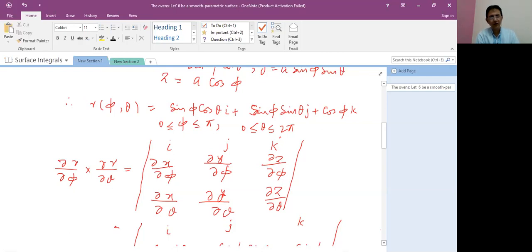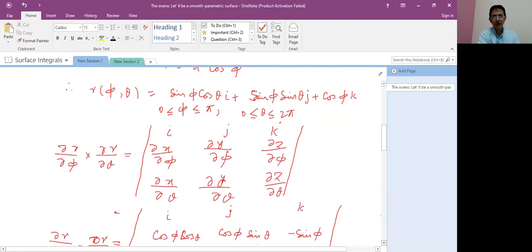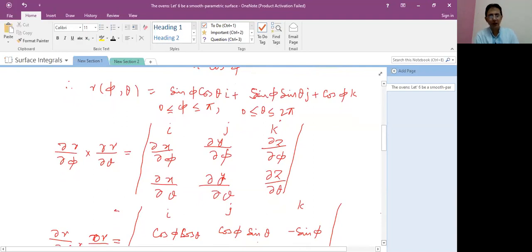Taking the cross product, we will make a determinant. The first row is ∂x/∂phi, ∂y/∂phi, ∂z/∂phi, which means we find the derivative of the given function with respect to phi. Similarly, in the next row, ∂x/∂theta, ∂y/∂theta, and ∂z/∂theta.